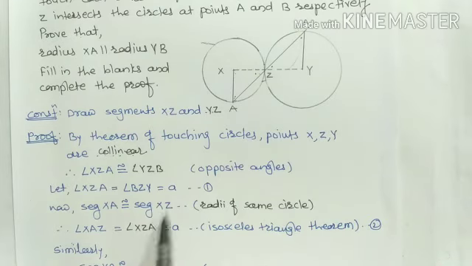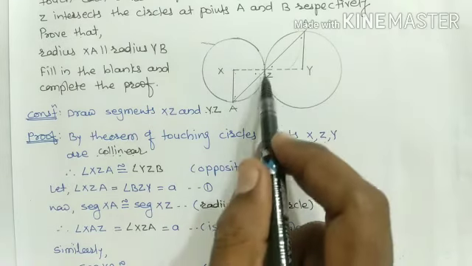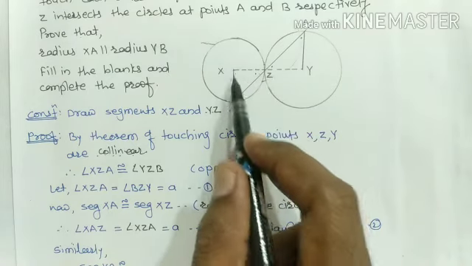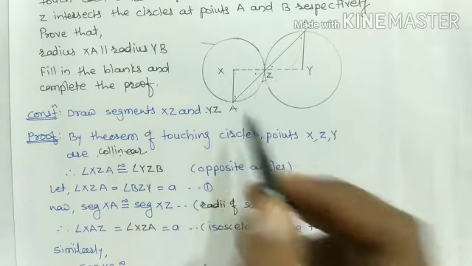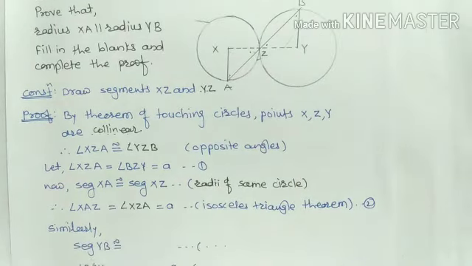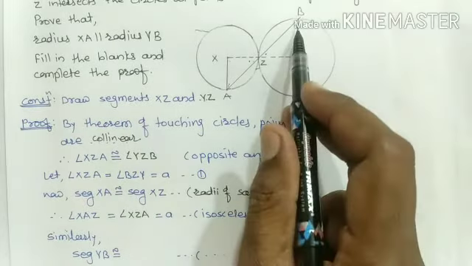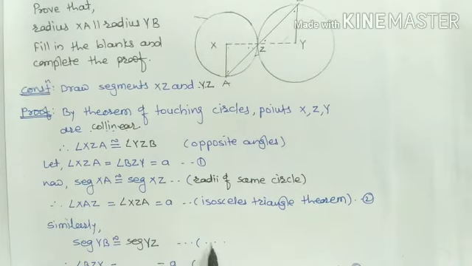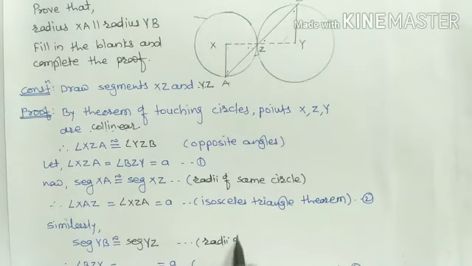If the activity had not been given, we would have written here: in triangle XAZ, segment XA is congruent to segment XZ, radii of the same circle, and therefore angle XAZ is congruent to angle XZA, by the isosceles triangle theorem. Similarly, segment YB is congruent to segment YZ, the reason is radii of the same circle.